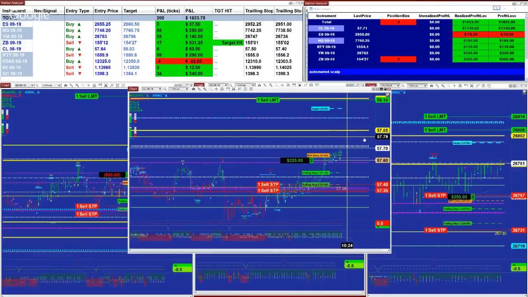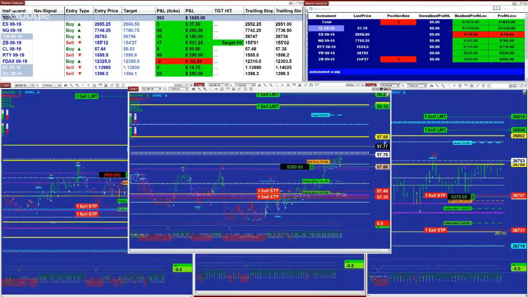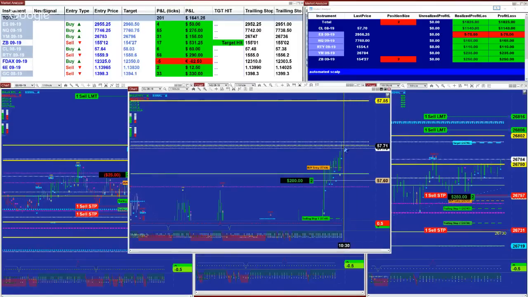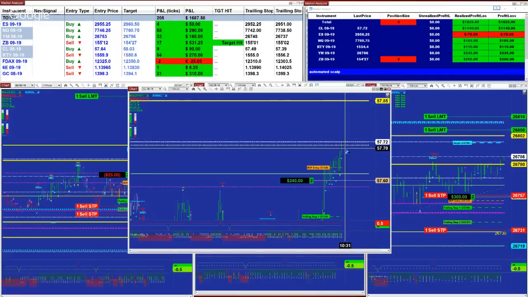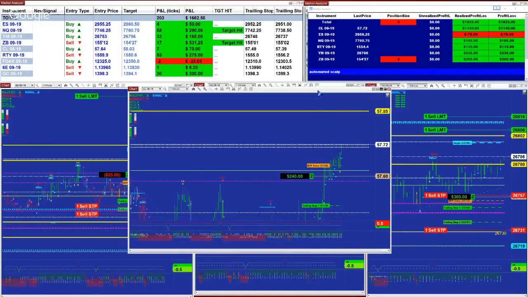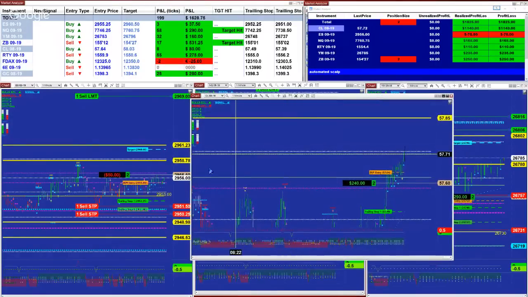So this is a very nice ride on the CL if we are able to break that line. As you see, we gave you the entry and we gave you the warning where there is a potential pullback on the CL. Let's see if we are able to break that. It seems like we're about to break it. We have a couple of CL traders, and I'll keep my eye on it.